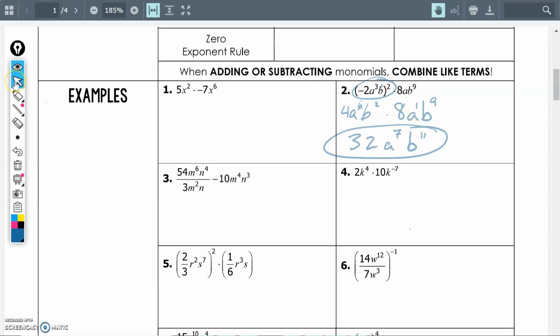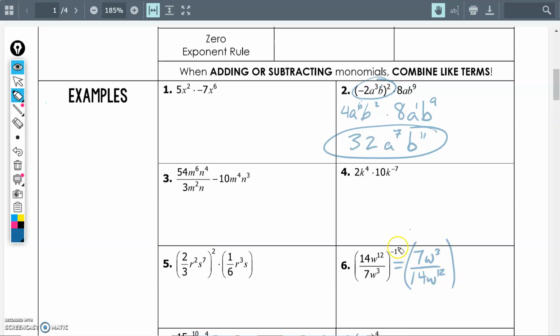Let's do one with negative exponent examples. Number 6 has negative exponents. So what a negative exponent does is you just flip the fraction. So in order to cancel out this negative of this whole fraction, we're going to flip it. So this is equivalent to 7w cubed over 14w to the 12th.